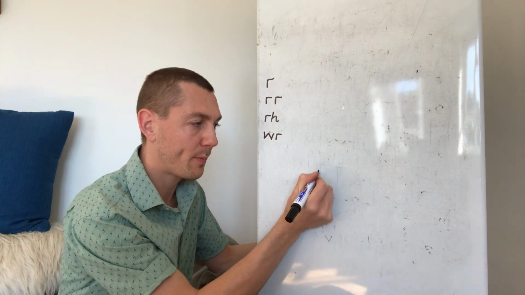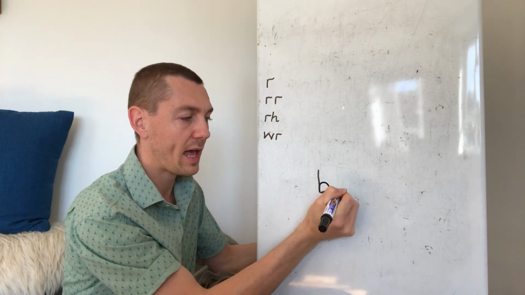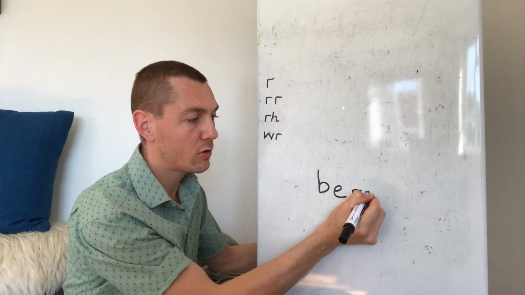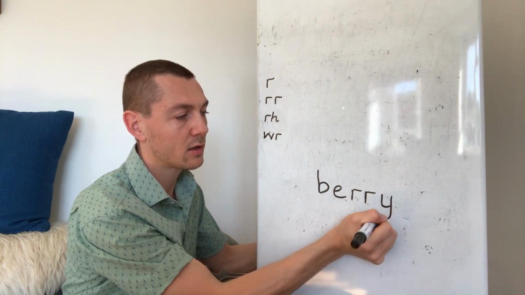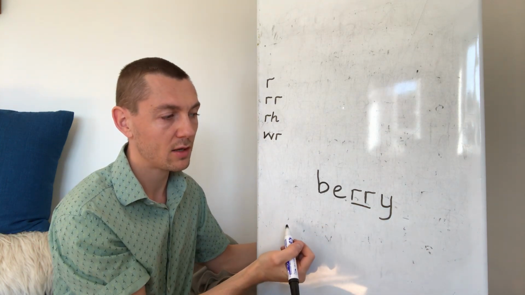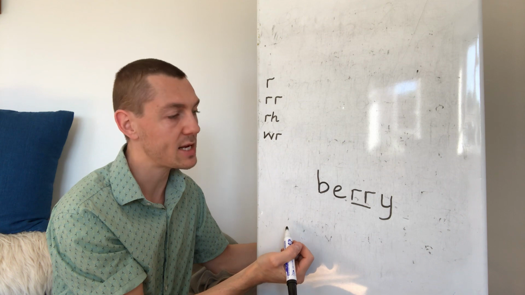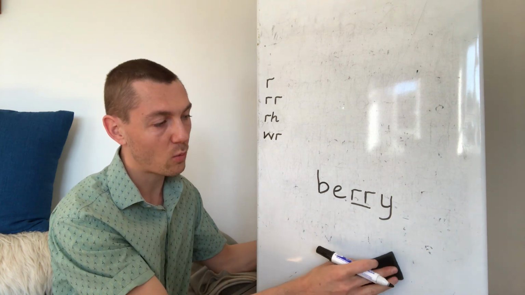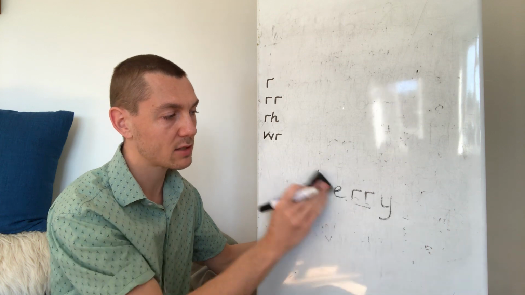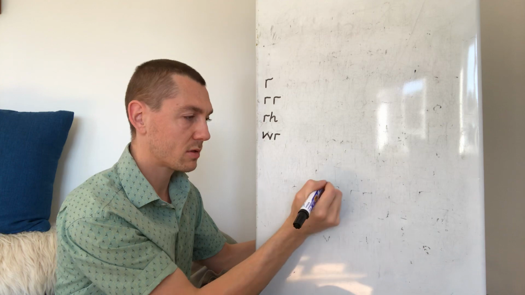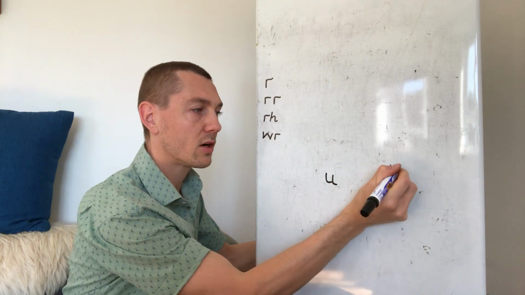We say b, e, be, r, e, re, and we've used that double R spelling for the second syllable in berry. Berry, with our Y spelling of the E sound on the end. Okay, good.